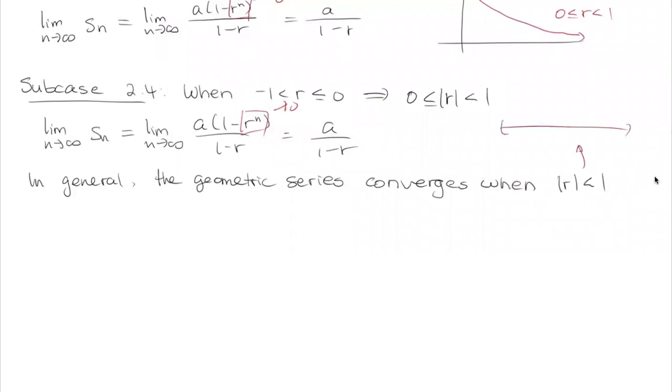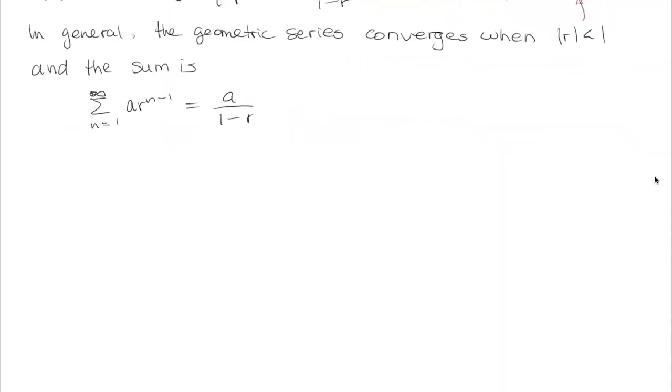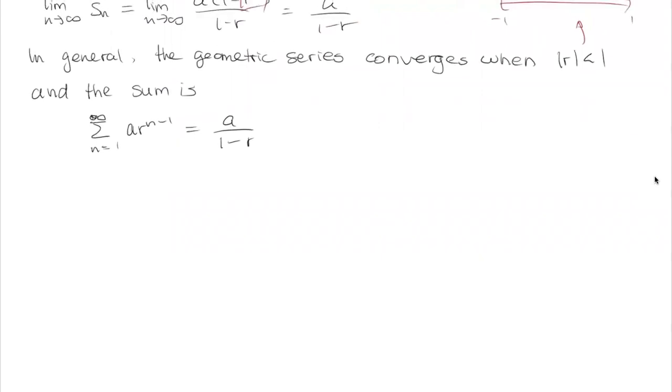So it looks like this. That's the region where it's going to converge. Other than that, it's going to diverge. And the sum is given by this: the infinite sum of a r to the n minus 1 is going to equal a divided by 1 minus r, and it diverges otherwise.